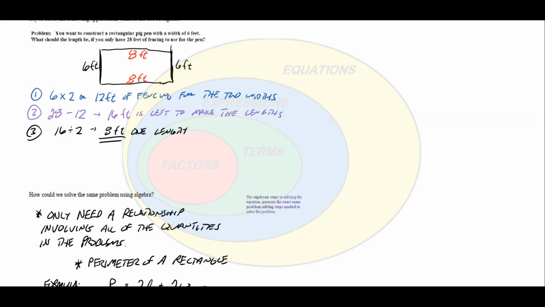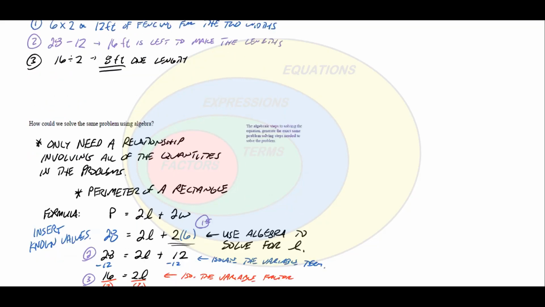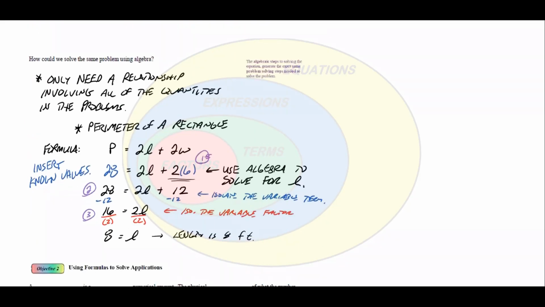When you're keeping track of what the values mean, like the 12 feet was the fencing for the two widths, and the 16 feet is how much is left over. We could do the same thing here. The 12 feet, the 2 times 6 is 12. 2 times 6 represented the two widths.